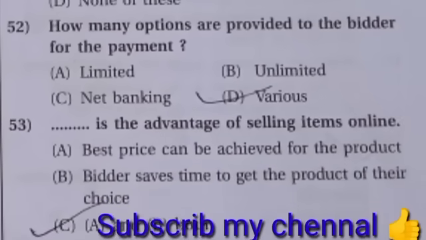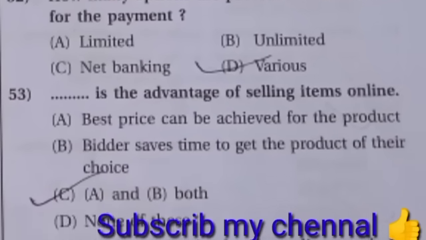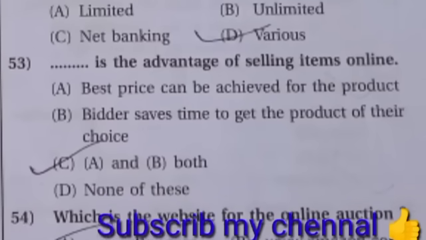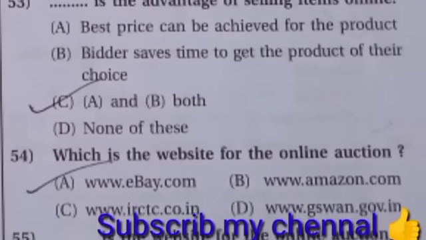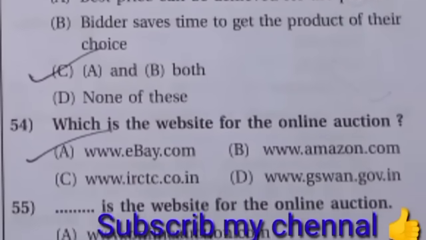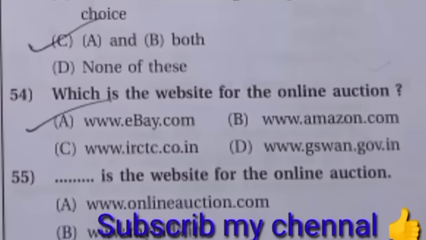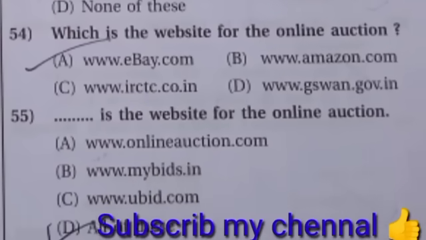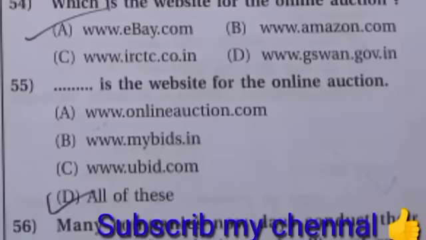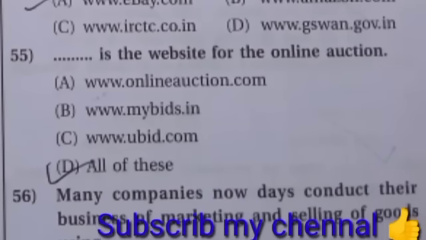Dash is the advantage of selling item online, so C answer is A and B both. Which is the website for the online auction? www.eway.com. A answer is. 55, see, dash is the website for the online auction, so D is all of these answer.